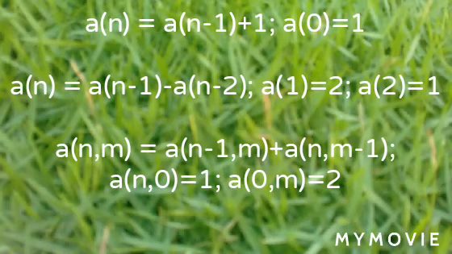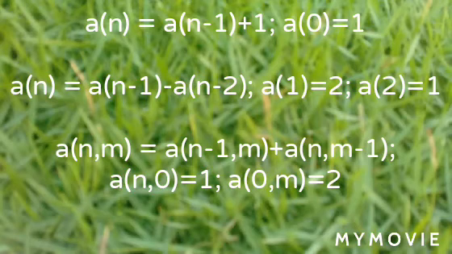Another example, a sub n is equal to a sub n minus 1 minus a sub n minus 2, where a sub 1 is 2 and a sub 2 is 1. The third example is a sub n,m is equal to a sub n minus 1,m plus a sub n,m minus 1, where a sub n,0 is 1 and a sub 0,m is 2.